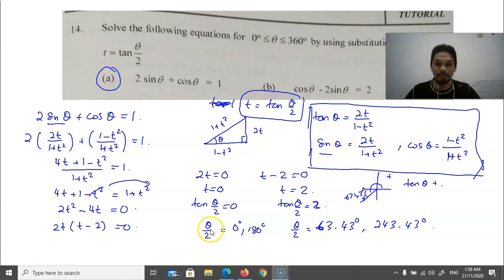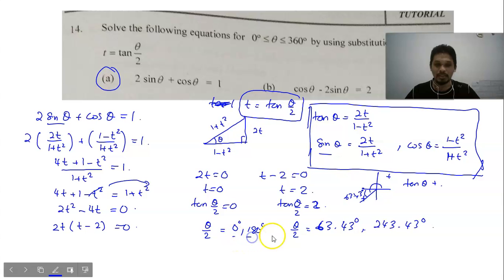Okay, now theta over 2 equal to 0 and 180 degrees. As you see here, theta over 2 also equals 63.43 and 243.43. The first basic angle is in the first quadrant, 63.43, and this one was 180 plus 63.43, 243.43 in the third quadrant.